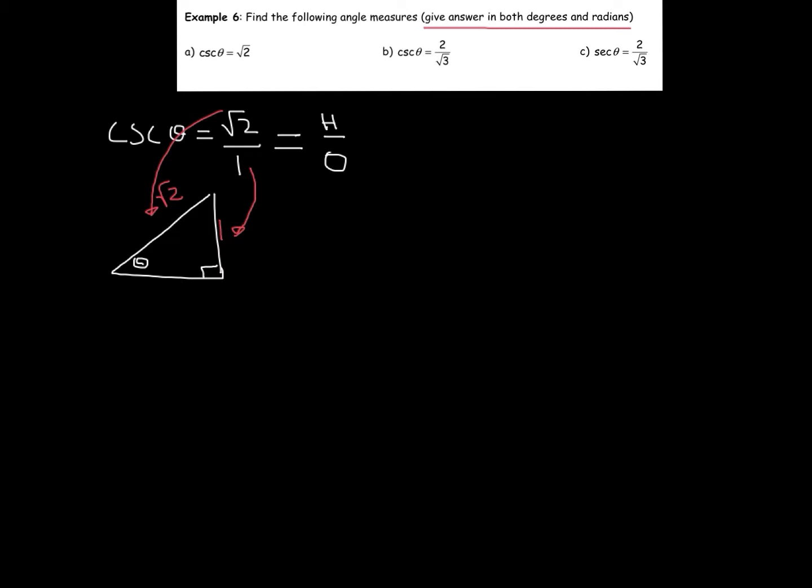Oh, it's the 45, 45, 90 triangle. That automatically makes this side 1, so 1, 1, root 2. Then what should theta equal? Theta has to equal 45, because only in the 45, 45, 90 triangle do you have 1, 1, and root 2 as the ratios of the sides. So theta is equal to 45 degrees.